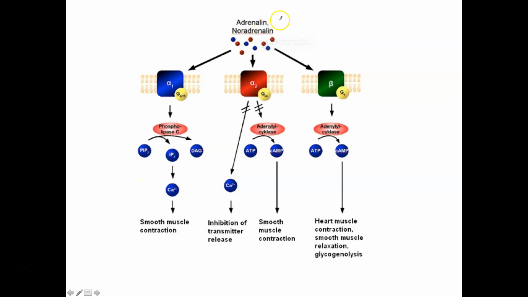Adrenaline, noradrenaline, what we know as epinephrine or norepinephrine. These actually work through various receptor pathways: alpha-1 receptors, alpha-2 receptors, beta-1, beta-2, all kinds of different varieties of receptors for epinephrine and norepinephrine.